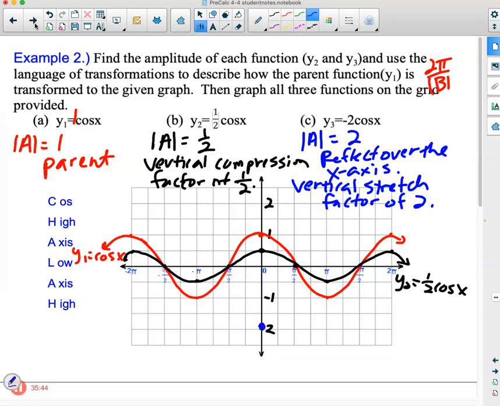Zero is going to stay put. And then follow that same pattern on the other side. Highs become lows and lows become highs. And nice smooth curve as best you can.